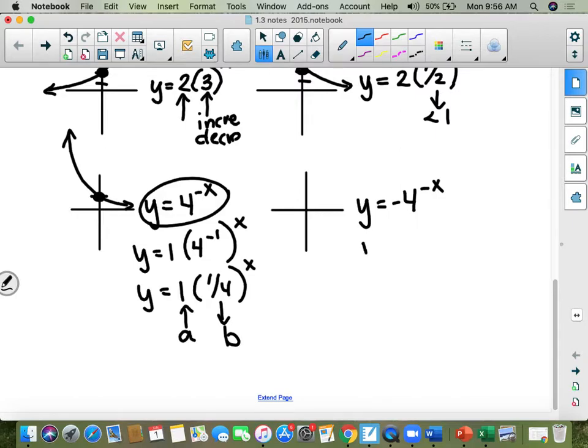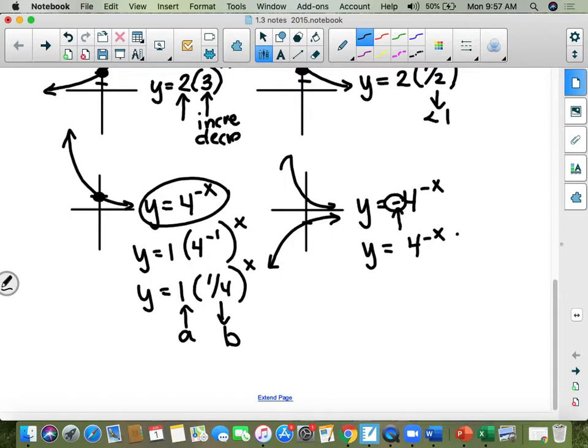The same thing with this one. Y is equal to... I'm going to ignore the negative sign. It's going to look like 4 to the negative x, so I'm just going to make the same thing that I did over there. Do you know what the negative sign does to the graph? The negative sign flips it, so it would look like this.